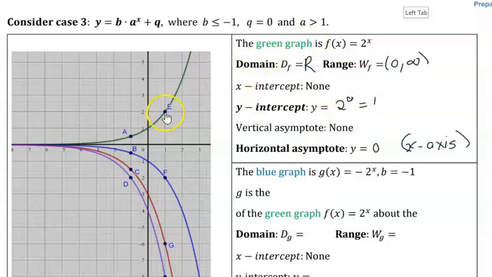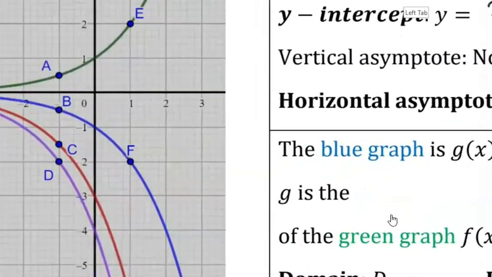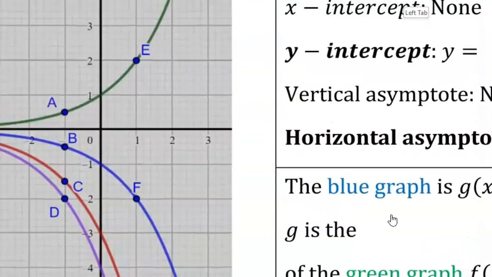So again, my green graph here, my mother graph, what will happen if I have b equal to -1? Then if b is equal to -1, if I look at the graph here, this is my blue graph.